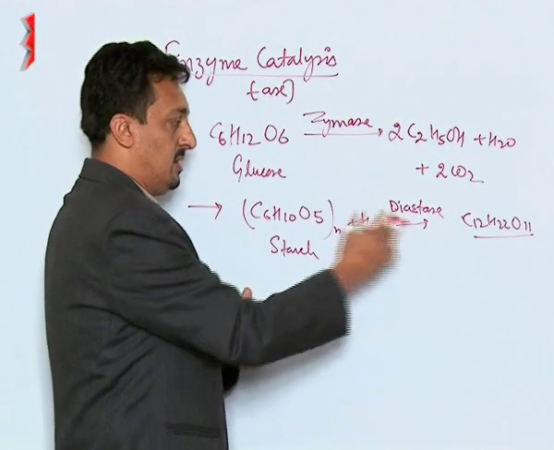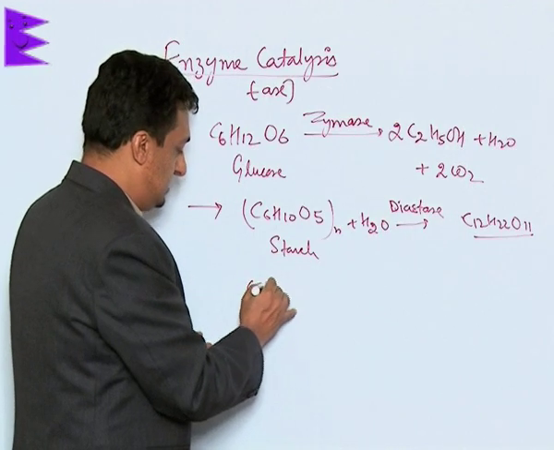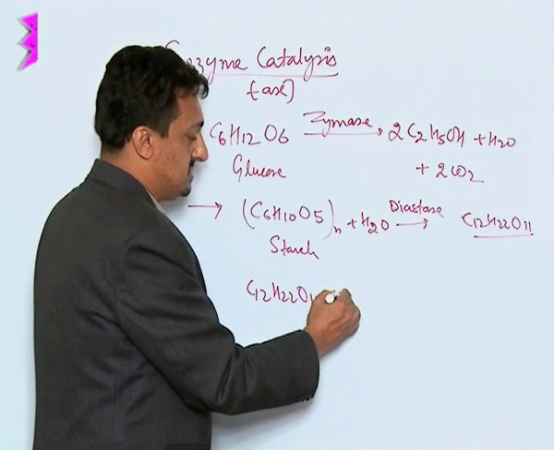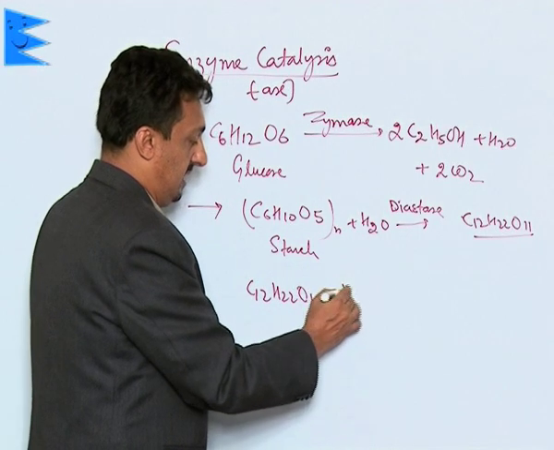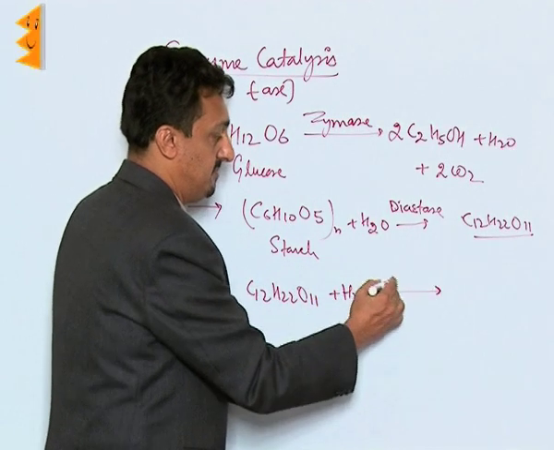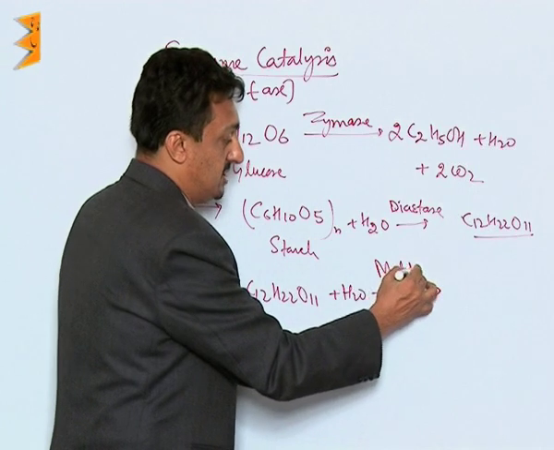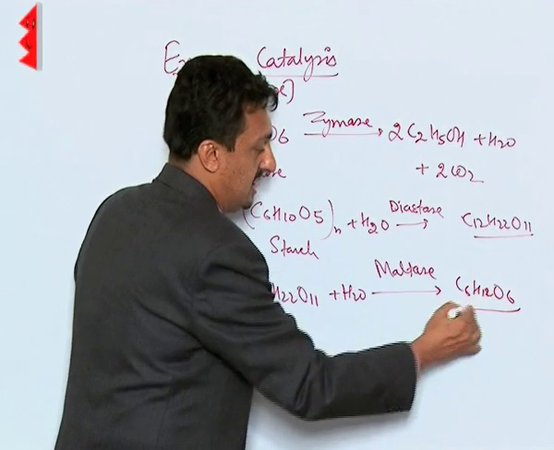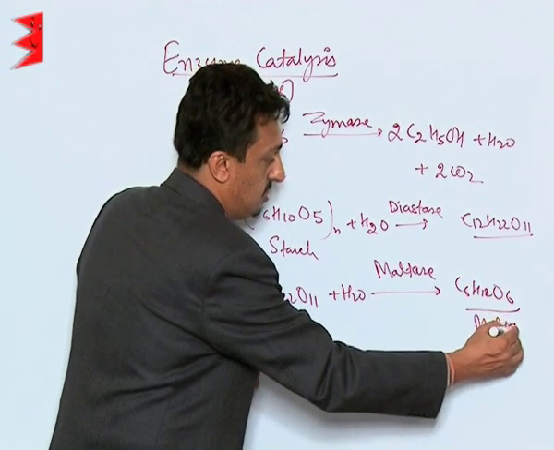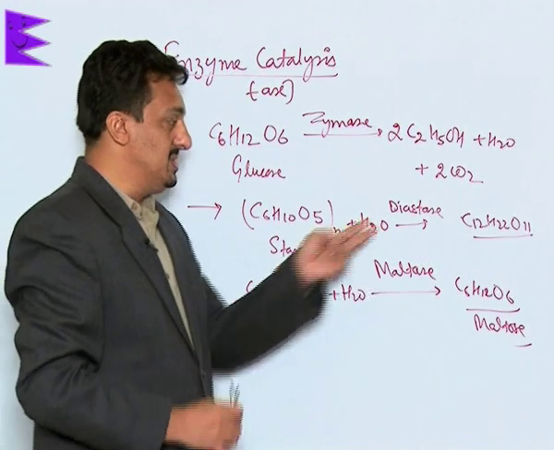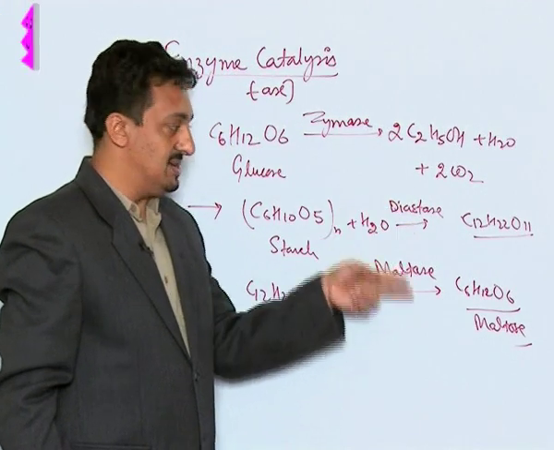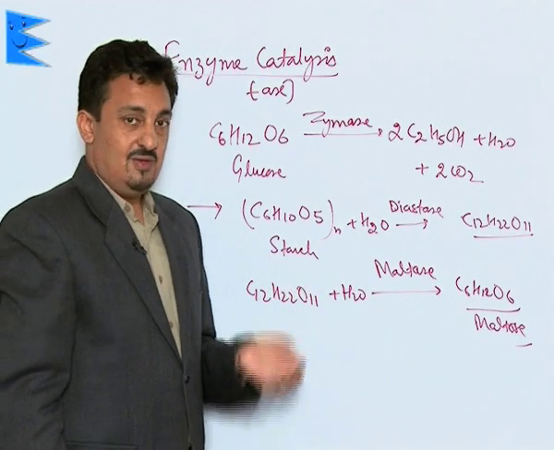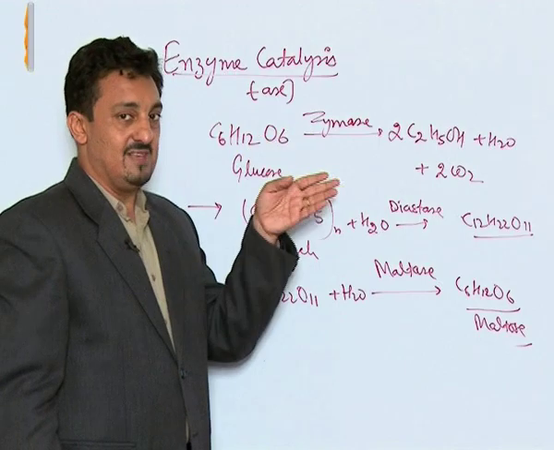Then, in the aqueous state, the enzyme called maltase converts it into C6H12O6, which is glucose. So these are two enzymes, diastase and maltase, which convert starch into glucose. It is very similar to what we have done with invertase and zymase.